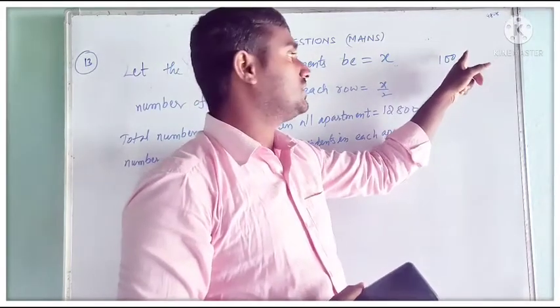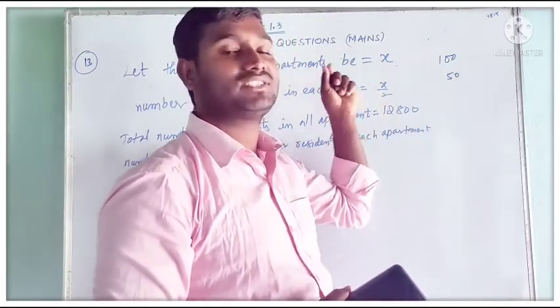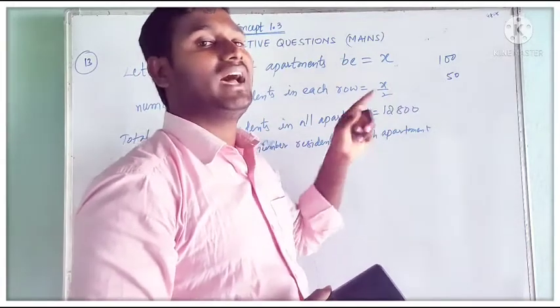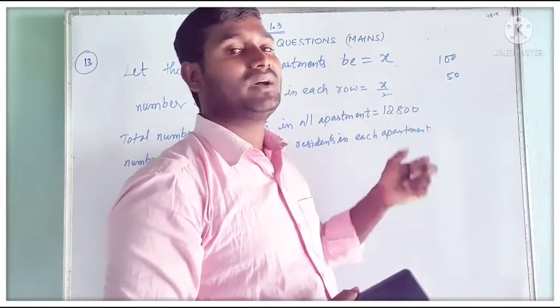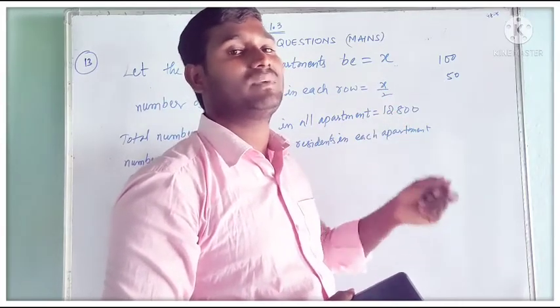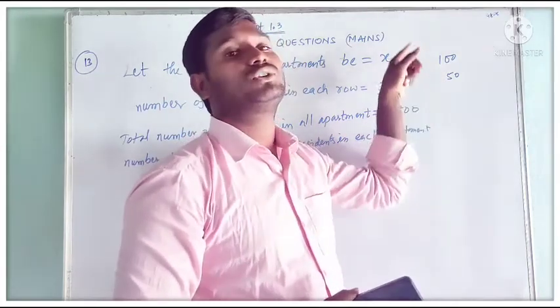So he has given the relationship between the number of apartments and the number of residents in each apartment. Half of the number of residents in each apartment equals half of the total apartments.